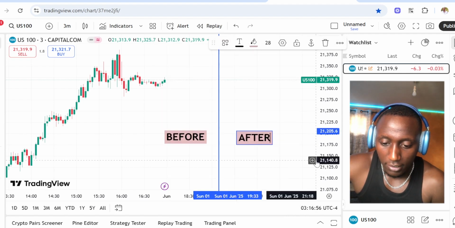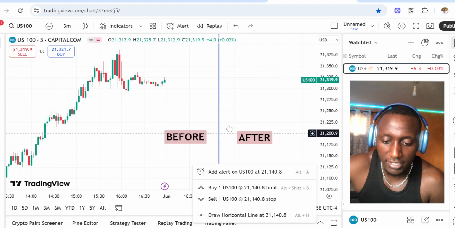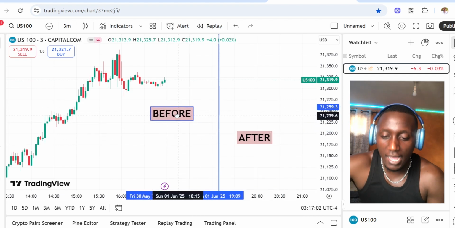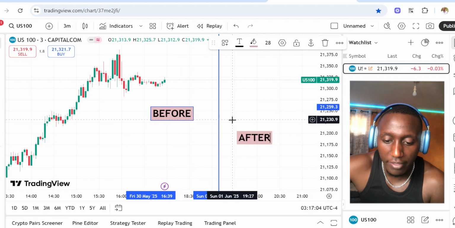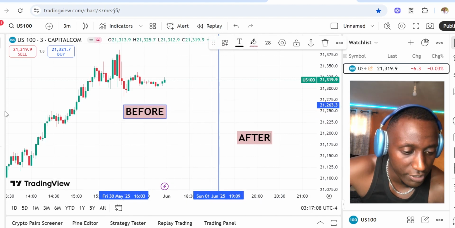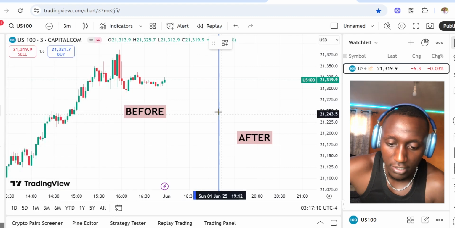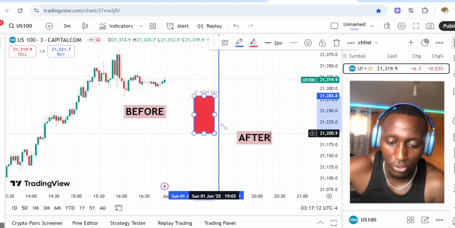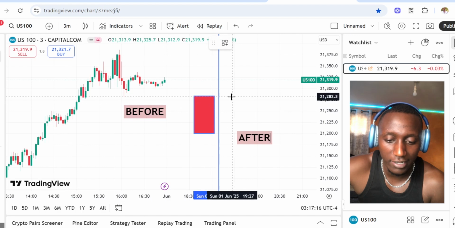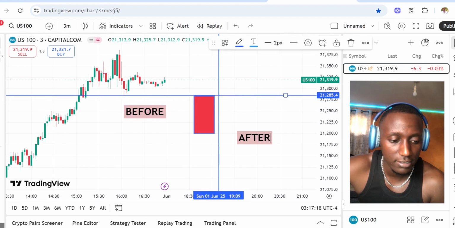And for me, the market begins at 9:30 a.m. New York time. So the last candle before the market opens sets the high and the low, which is also support and resistance. So we will draw a box like that, and we shall put our area of resistance and support.